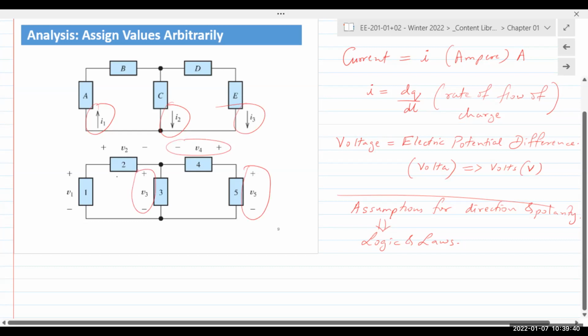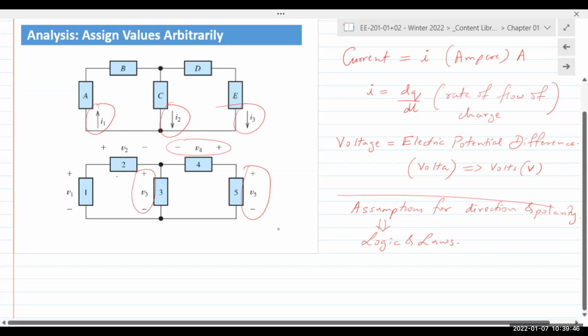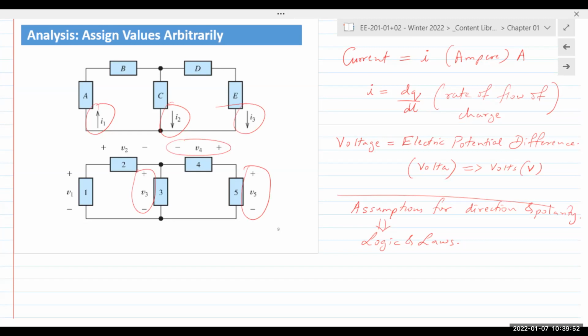Now, there is no right or wrong value for assumption. Even if you choose a direction or polarity that is going against all logic, that it goes against all laws, your answer would still be correct. And the only thing is that your answer would have a negative sign.